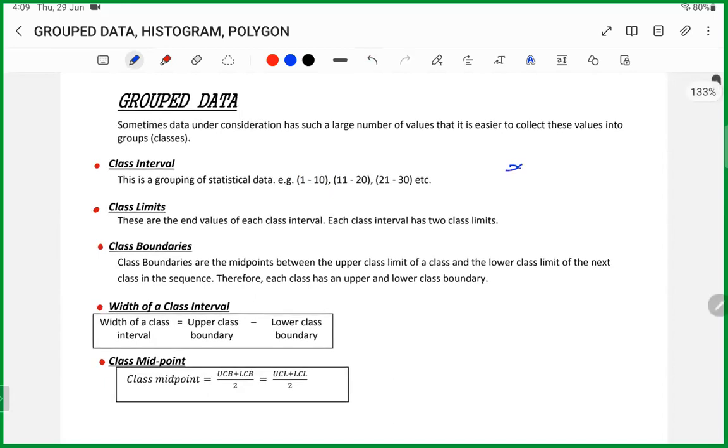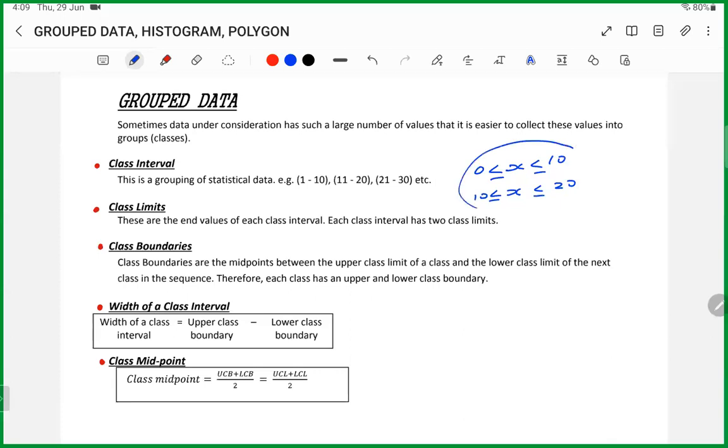So if you see an interval looking something like this, x lies between 0 and 10, and then x lies between 10 and 20. Something like that, right?